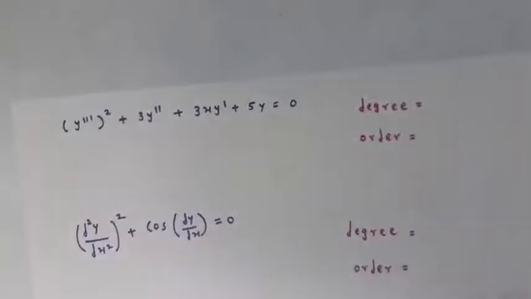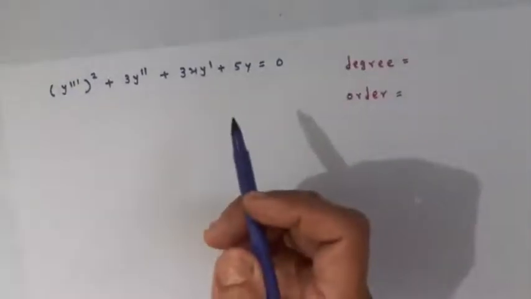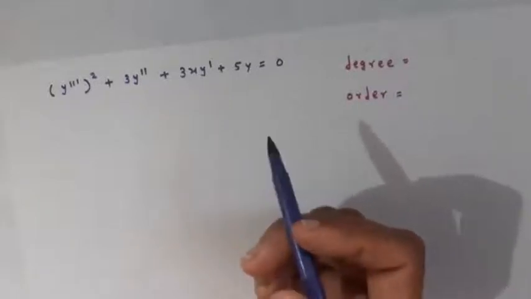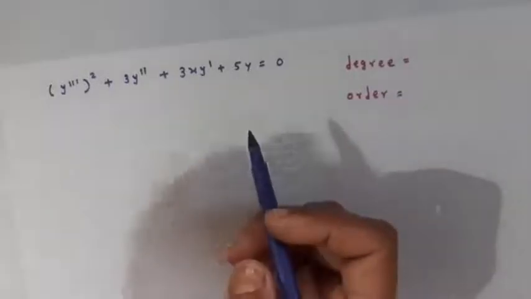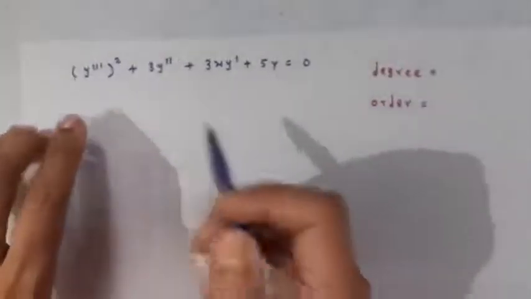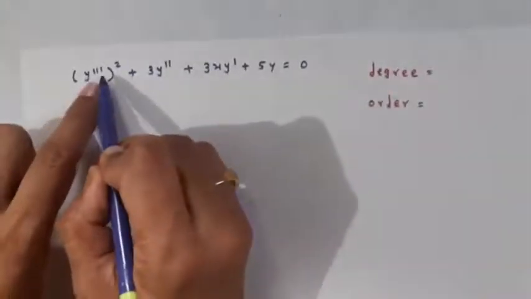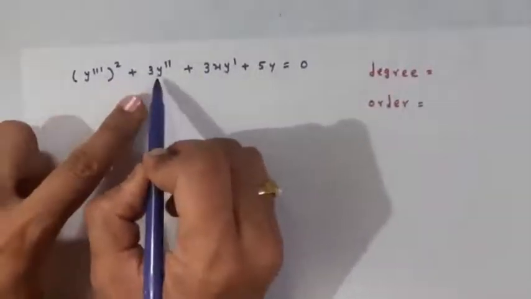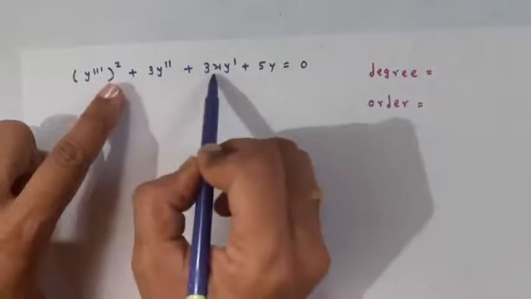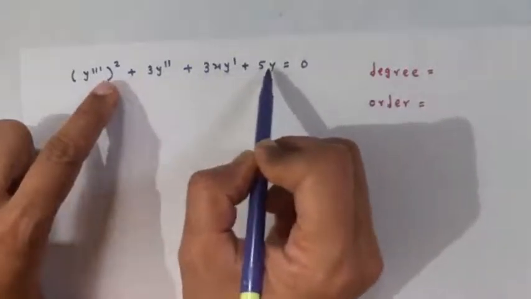Now the next example is to find out the degree and order of differential equation: y triple dash square plus 3y double dash plus 3x y dash plus 5y.